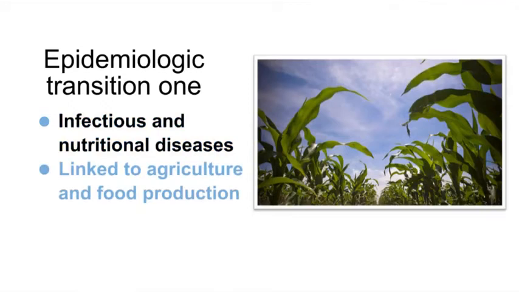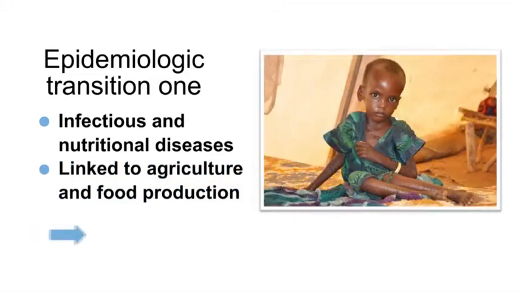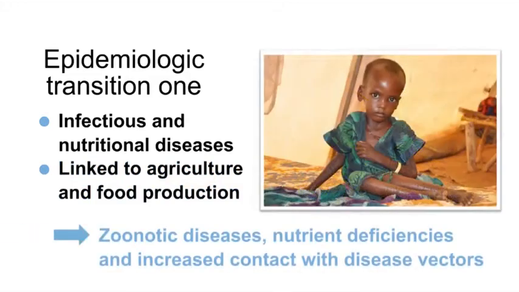The first transition is related to the emergence of infectious diseases and diseases related to nutrition, and to the beginning of the practice of agriculture and food production 10,000 years ago. People became less dependent on hunting and gathering once they were able to produce food and domesticate animals. This shift led to zoonotic diseases, nutrient deficiencies, and increased contact with disease vectors during agricultural activities.